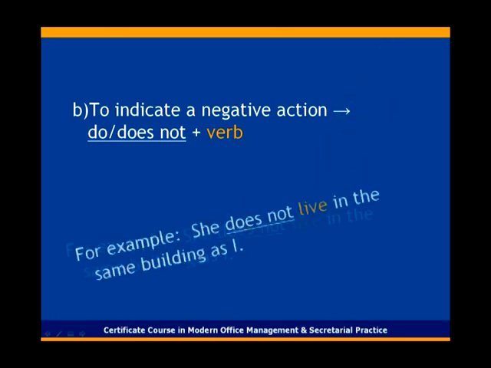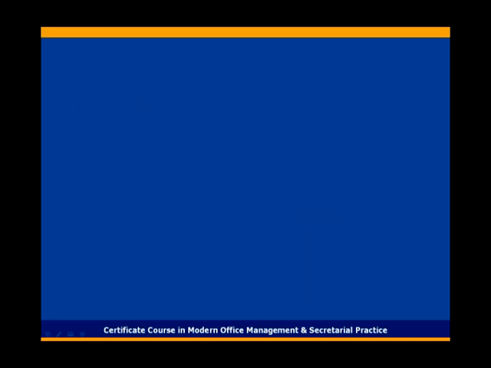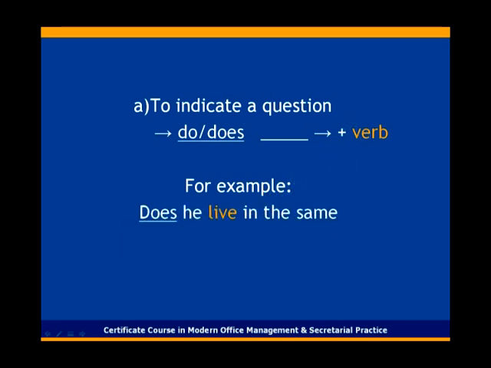For example, she does not live in the same building as I. To indicate a question, we use do or does with the subject plus a verb. For example, does he live in the same building as you?